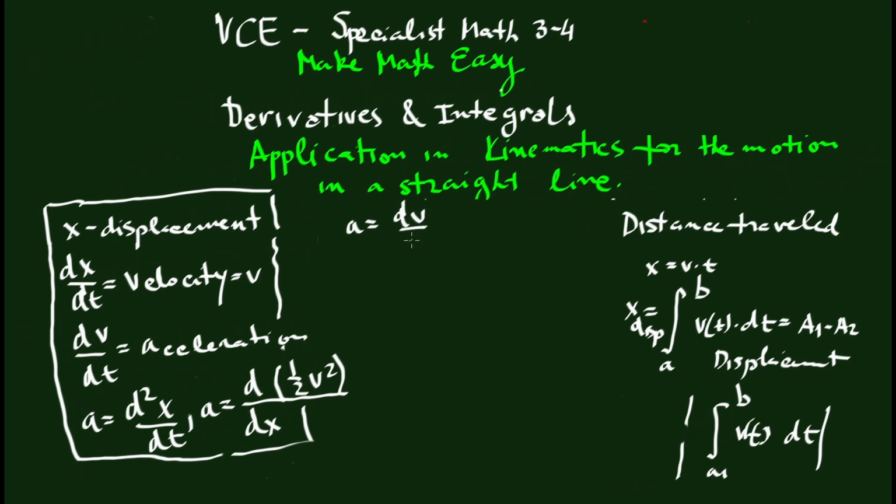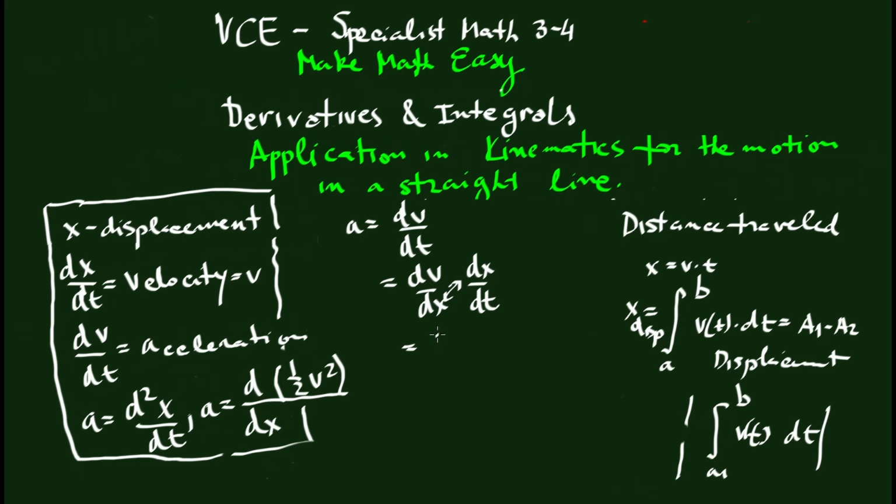dv by dt, that's our acceleration. Now we can write that as dv by dx times dx by dt. So that can be crossed out, so we just extended it. So dx by dt is v.